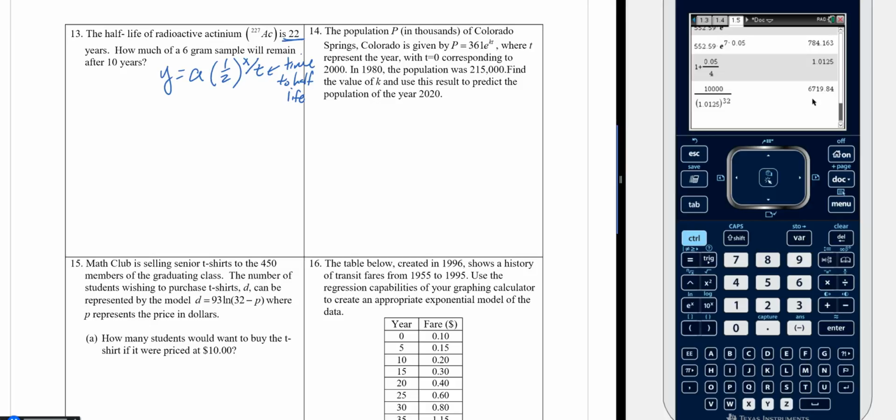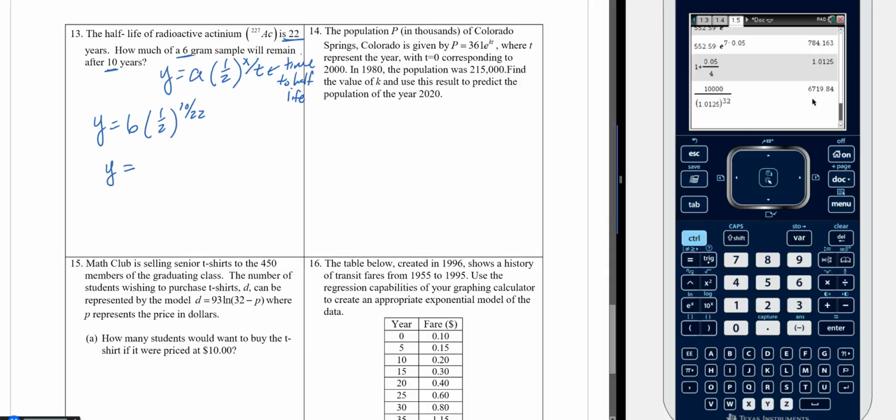X is the time that's gone by, which would be 10 years. A would be the initial amount, which would be 6 grams. So Y equals 6 times 1/2 raised to the 10 over 22.